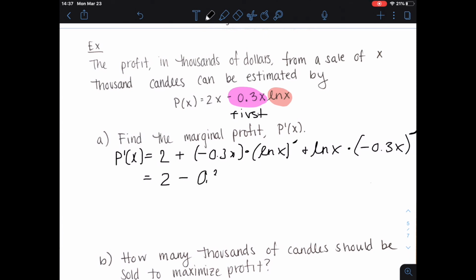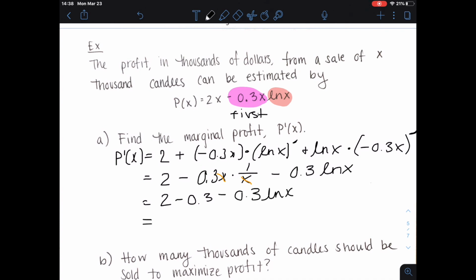So you get 0.3x times 1 over x. And then the derivative of negative 0.3x is just the constant, so you get minus 0.3 times ln of x. So a little bit of cancellation. Our x's disappear. So this is equal to 2 minus 0.3 minus 0.3 ln of x.